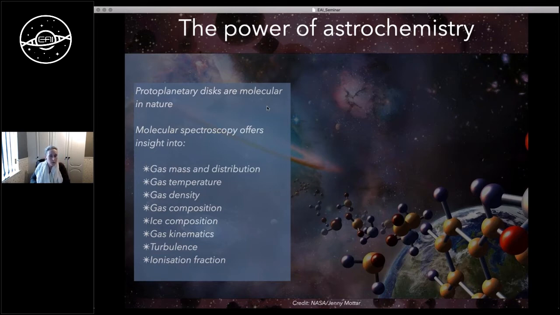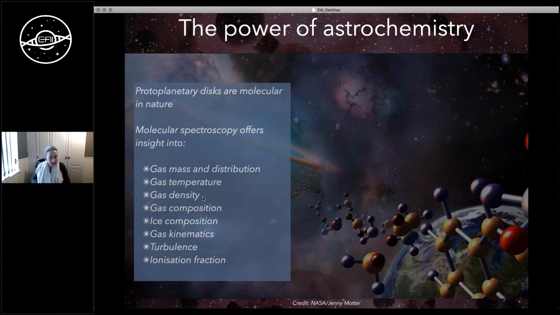They're reasonably cold objects, so most of the gas material is in the form of molecules. And we exploit molecular spectroscopy, in particular rotational spectroscopy, to give us a lot of derived properties of these objects, such as the gas mass and distribution. By looking at multiple line transitions, we can get temperature and excitation information.